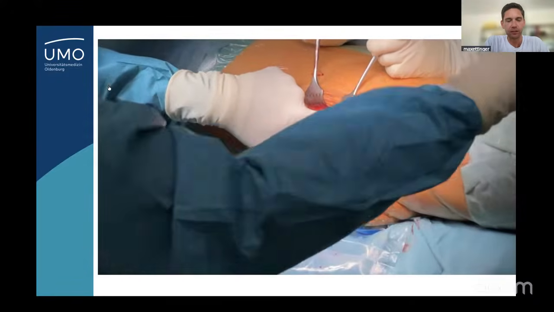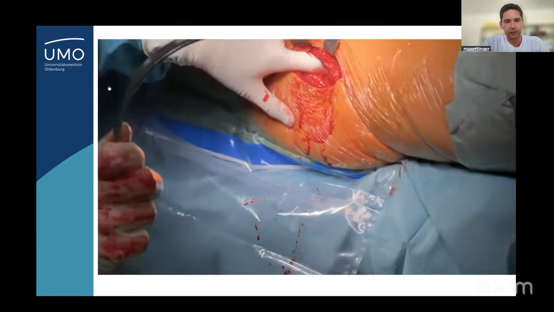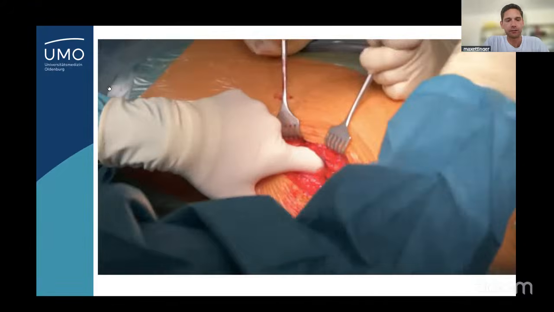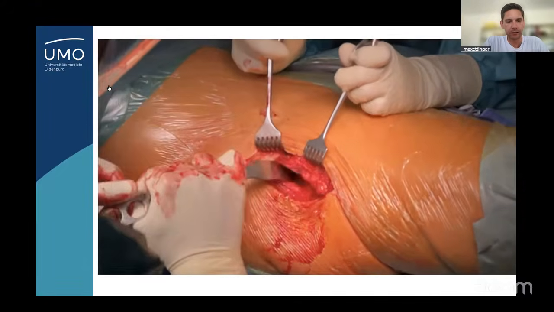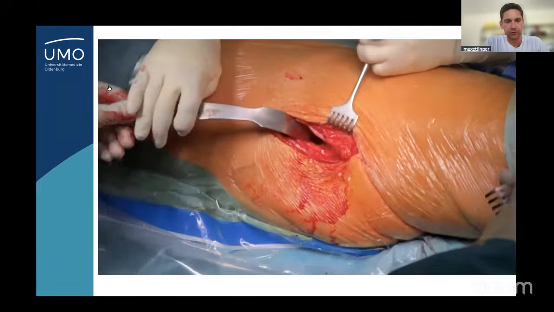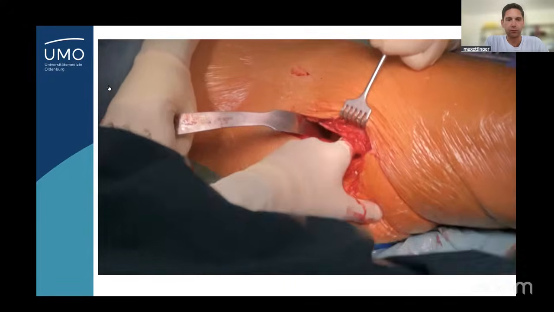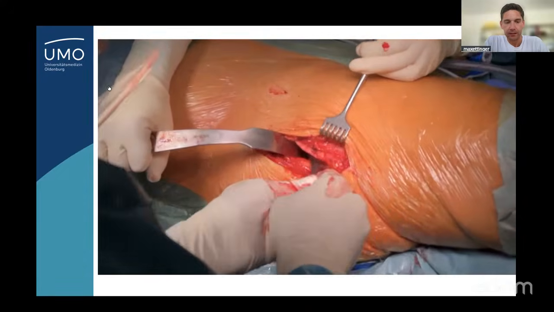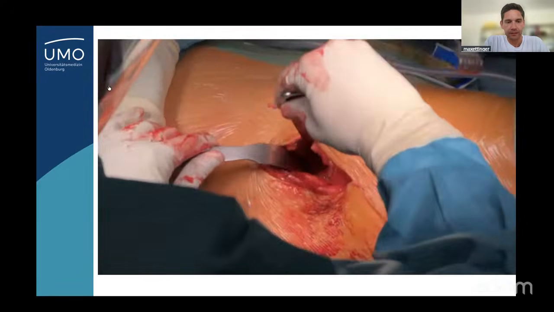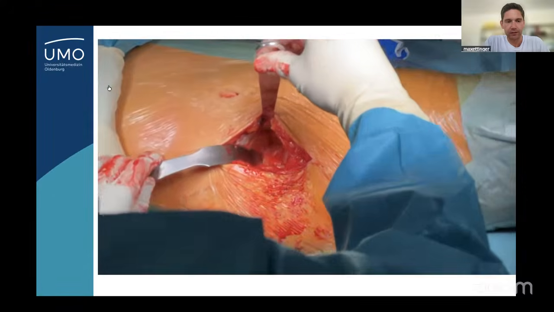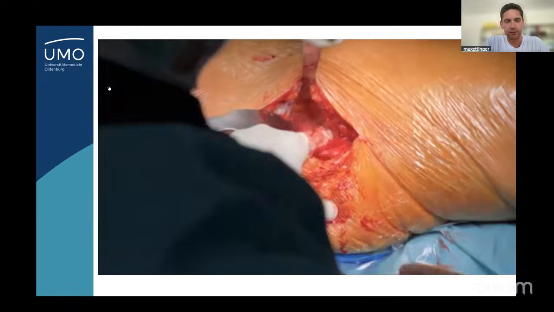So there's the glute medius, where I put that retractor just behind the neck in order to preserve the anterior fibers of the glute. Then I use my fingers to clear the capsule, and use a retractor anteriorly on the acetabular rim.